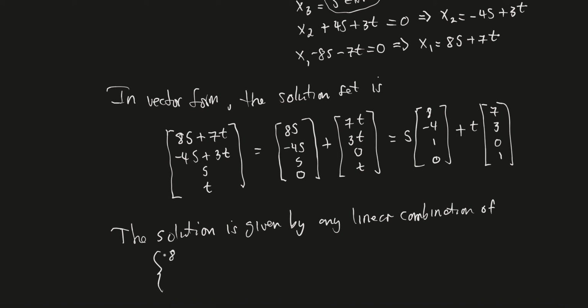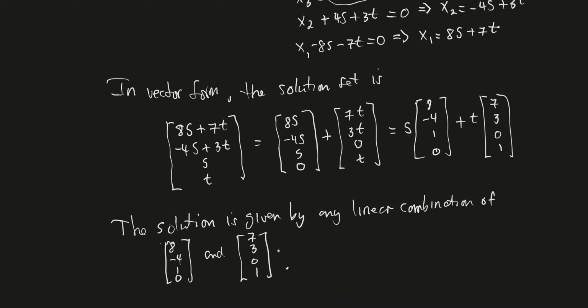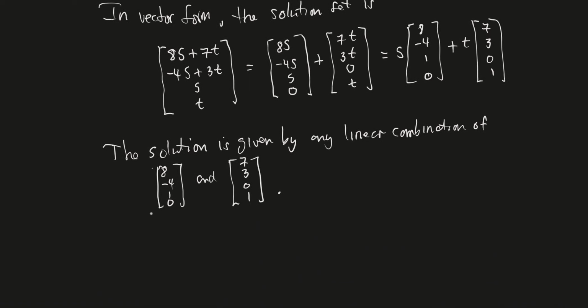So the 8, -4, 1, 0. Actually, let me write it without the set notation now and just say any linear combination of this vector and this vector, 7, 3, 0, 1, right? But we know that any linear combination of these two, well, that's the span, right?